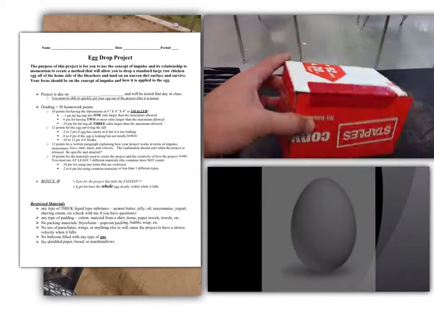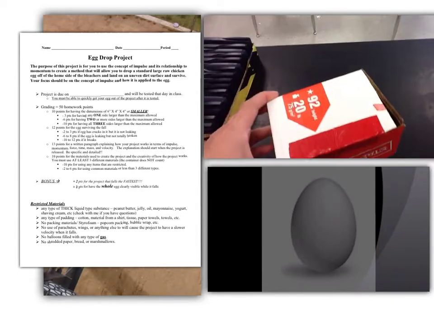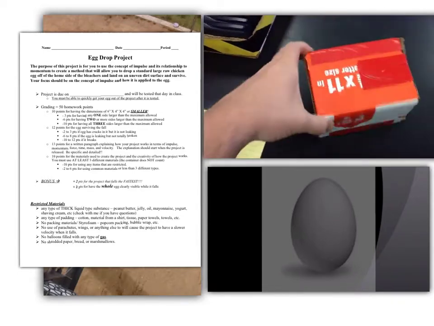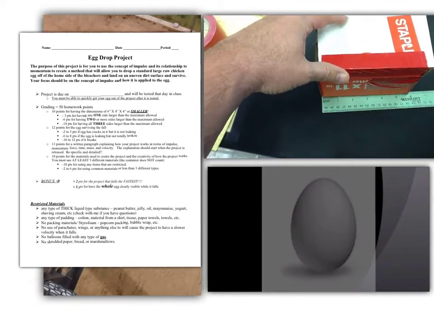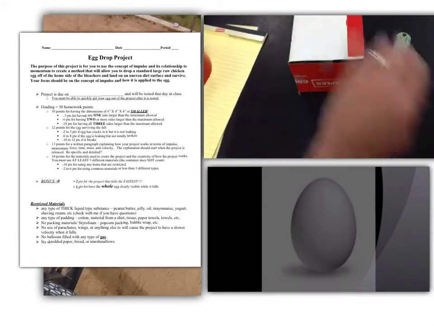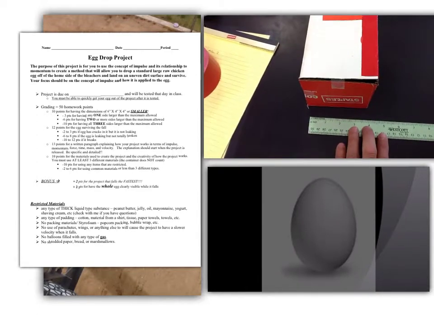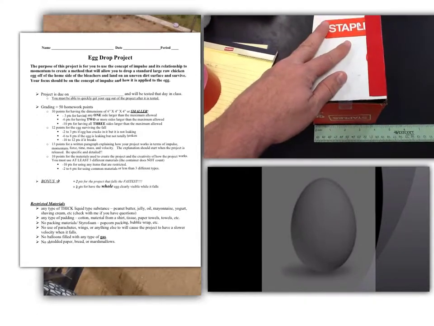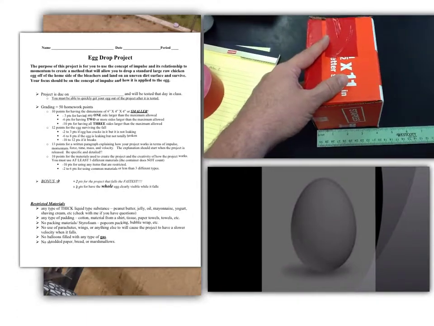So if we look over here, right, this is just some box I taped together, but you can see that it doesn't have to be a square or some sort of cube. It can be different sizes, but it looks like I have one dimension that's 6 inches. I'm just going to stick a ruler next to it and measure it up. We can see that another side is 4 inches, and another side is 4 inches.